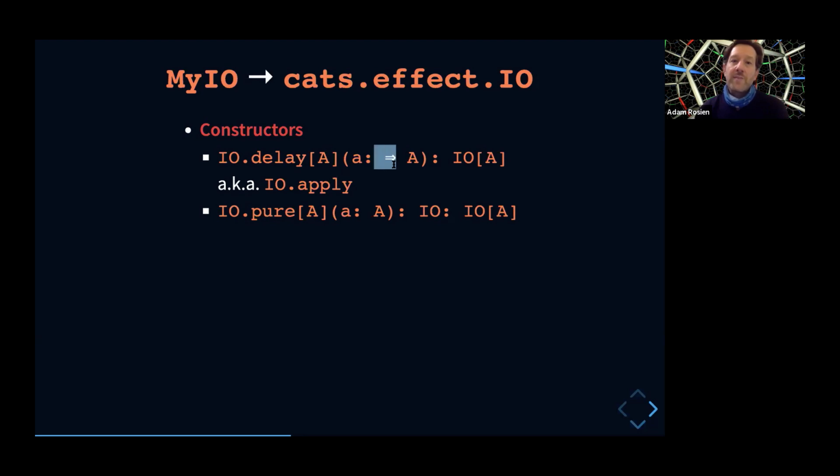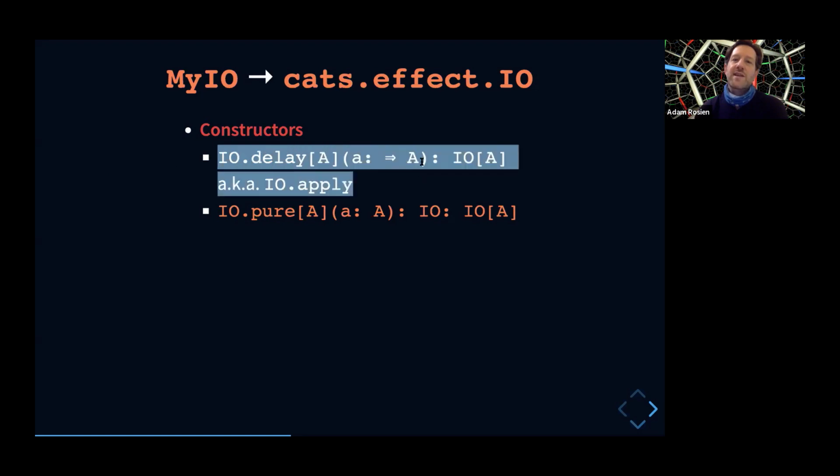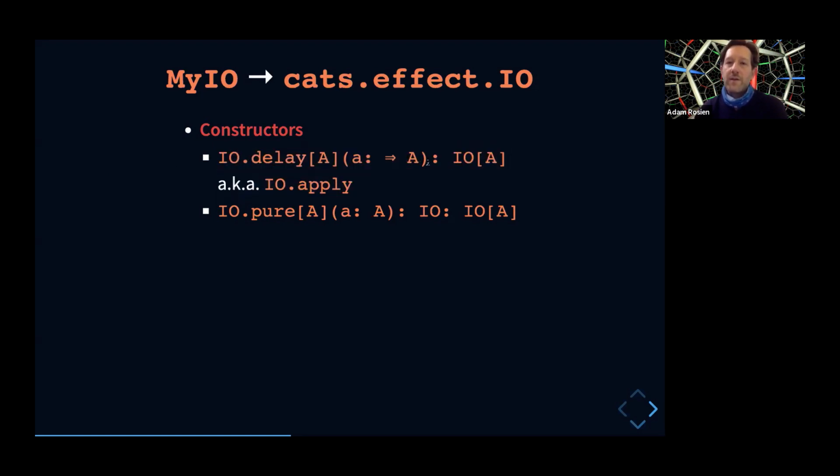With a call-by-name argument, this little arrow, it says, don't evaluate it now, evaluate it later. And that gives us nice semantics that we want. So this will capture the side effect and produce an IO that, when it's run later, when you unsafe run something, eventually you'll get an A out of it, for whatever the expression produces.